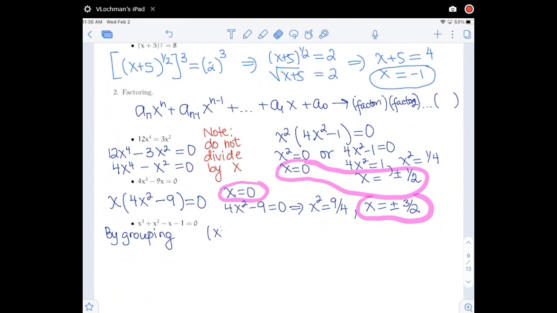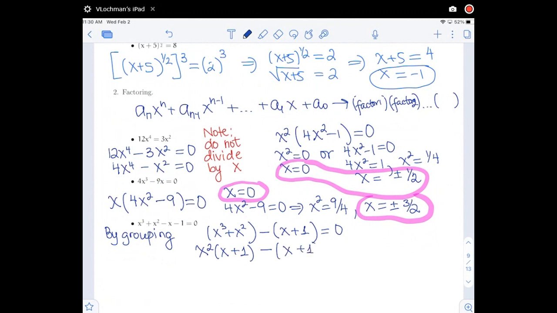You'll see why. x cubed plus x squared is my one group. Then I'm going to factor the negative, and I'm going to get x plus 1 as the second group. Now let's see what happens here. In the first group, I have a common factor of x squared. Once I factor this, I'm going to get x plus 1.